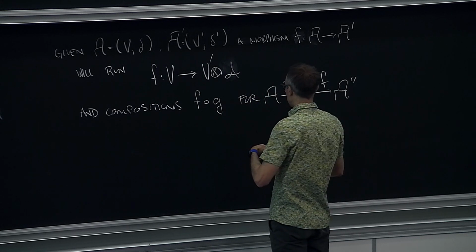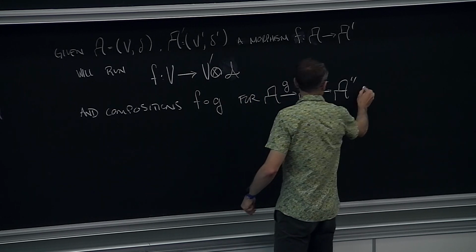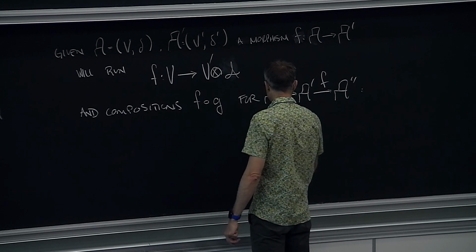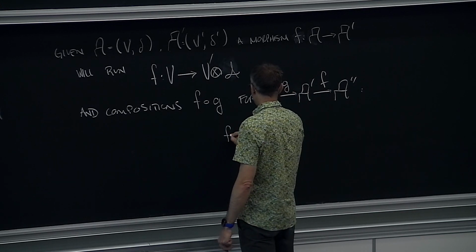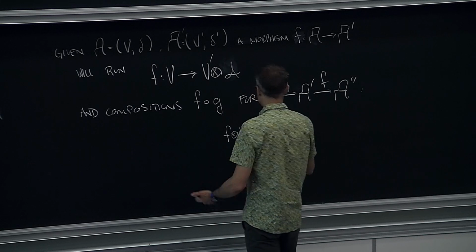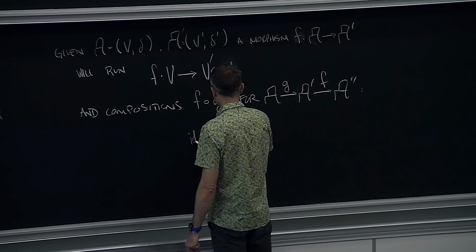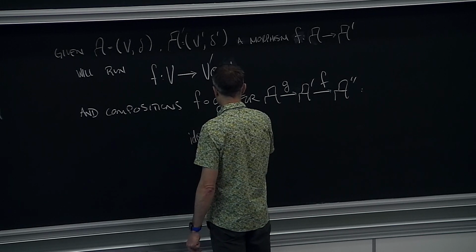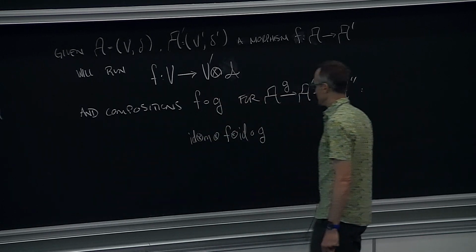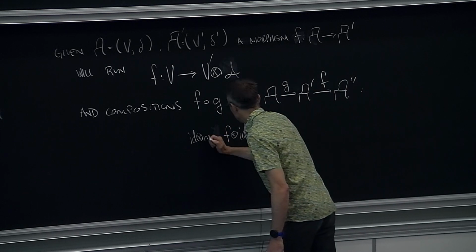So here I'm going to first apply G, and then I'll have F, but there's an identity component that I have to ignore, and then after I've ignored that and composed, then I can apply the multiplication.